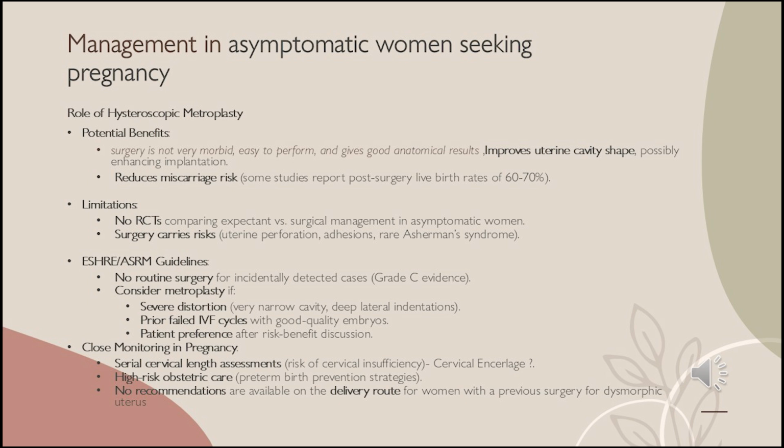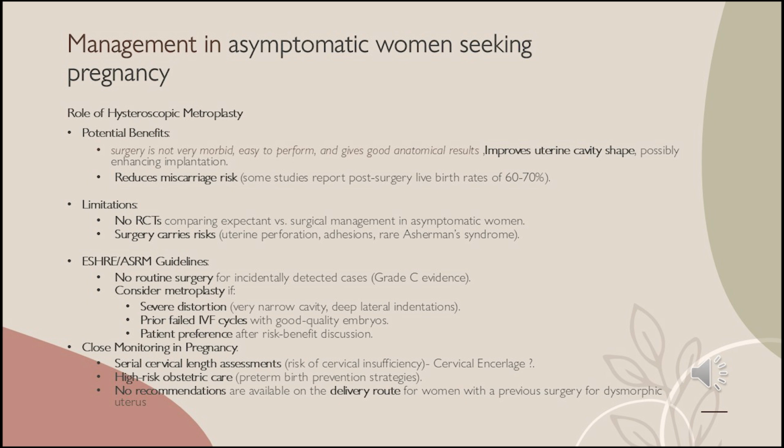What needs to be done if a woman with a dysmorphic uterus conceives spontaneously and is carrying a pregnancy? Serial cervical length assessment needs to be done because they are at risk of cervical insufficiency. Again, routine cervical cerclage is controversial. They need high risk obstetric care because they are at risk of preterm birth.